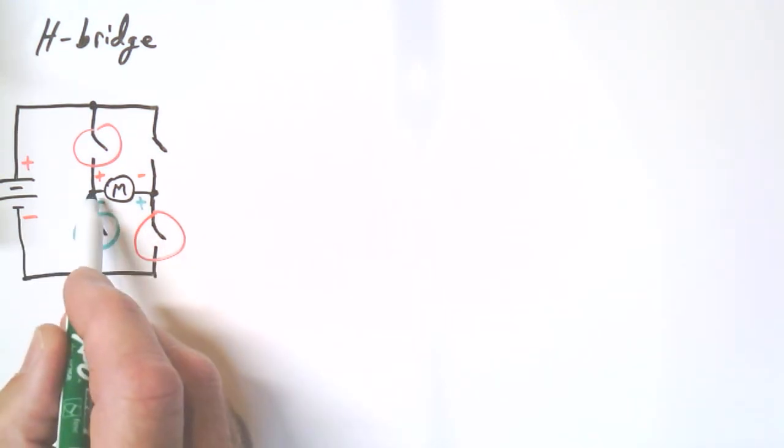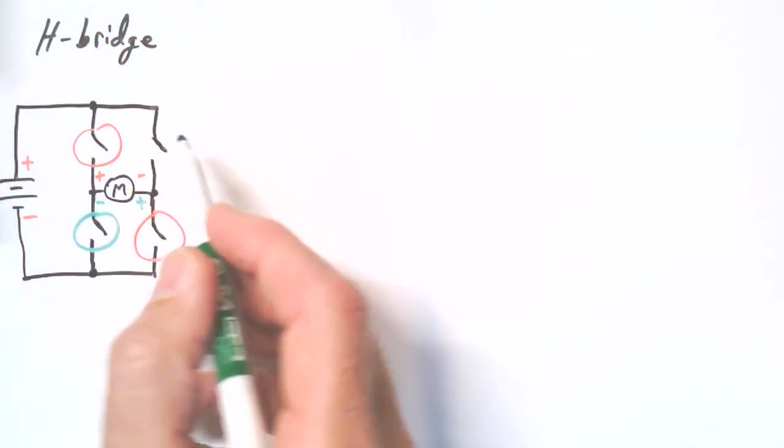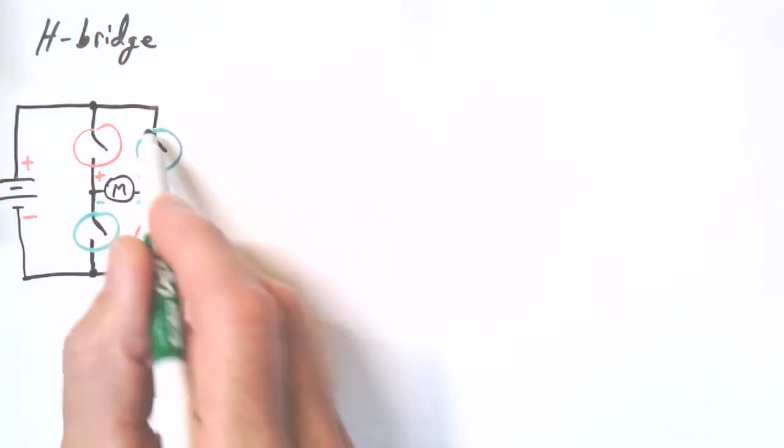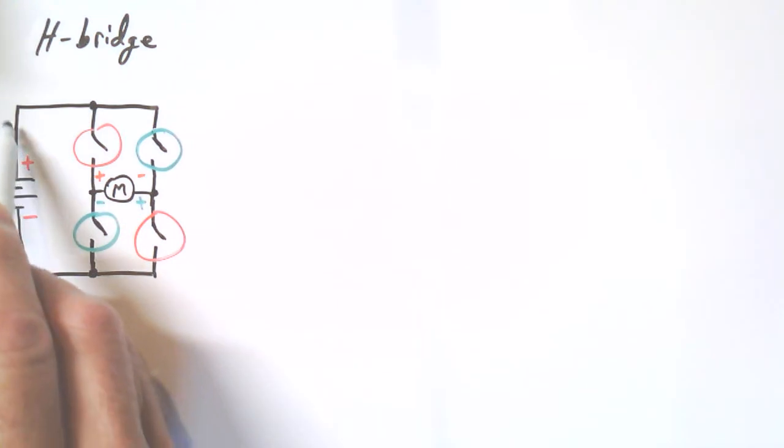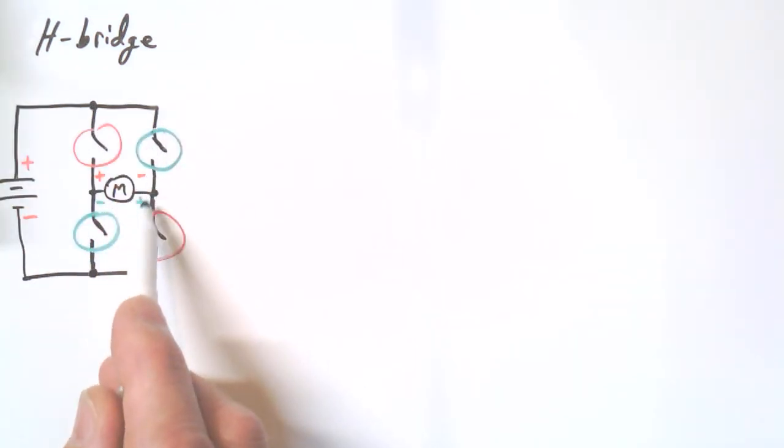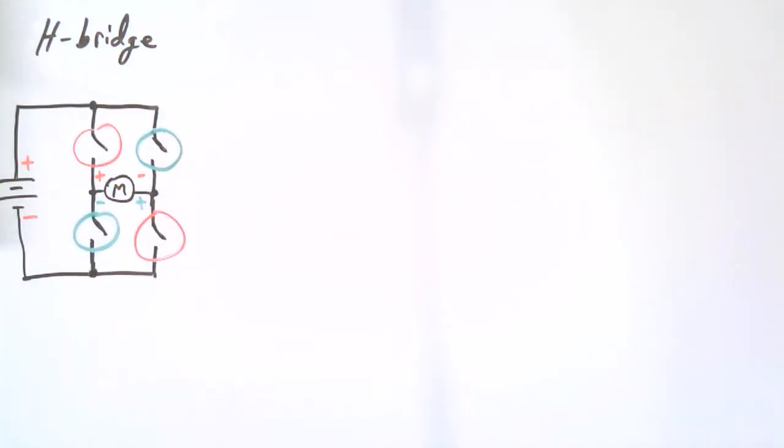I'll get that to this side of the motor by closing this, and I will get the positive side of the voltage source connected through that contact. And again, could be a physical contact, could be a relay contact, could be a toggle switch contact, could be a transistor controlled by a microcontroller.